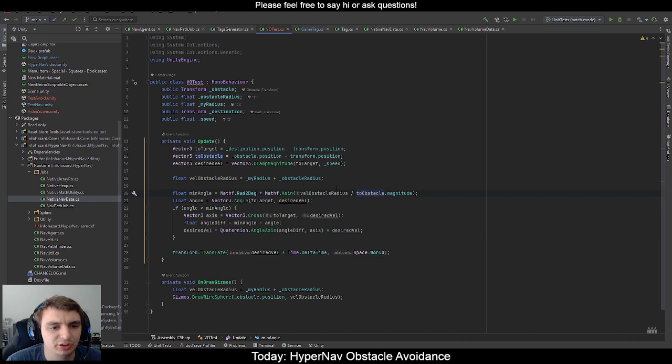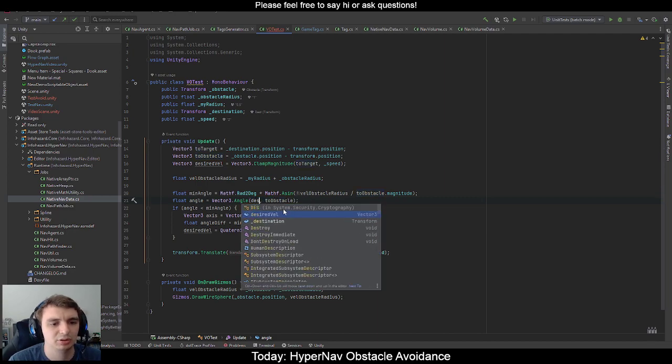So the angle is going to be based on toObstacle. Wait, is it? Yes. Okay, and then desiredVel and toTarget, this angle is always going to be 0. So what this actually needs to be is the angle between toTarget and toObstacle.